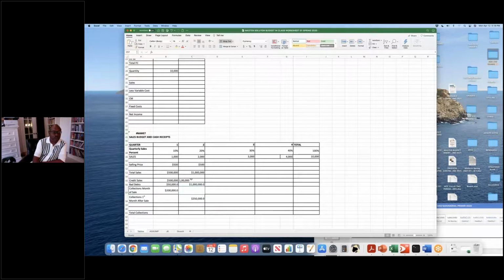How did you get $1 million for bad debt? I meant to put that million here. What's your bad debt percentage? Would that be 100,000? No, 100,000. How do we get bad debt again? 10%. Okay.